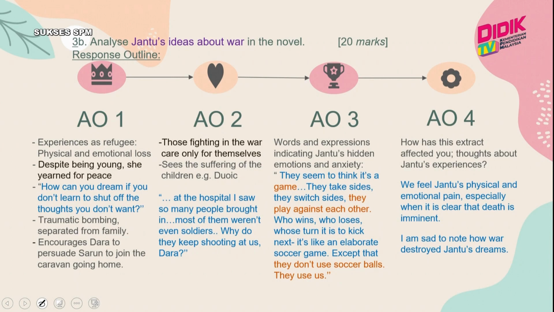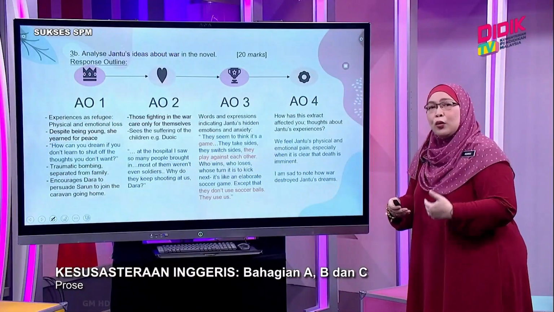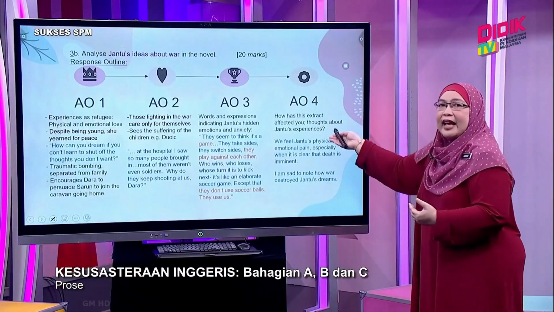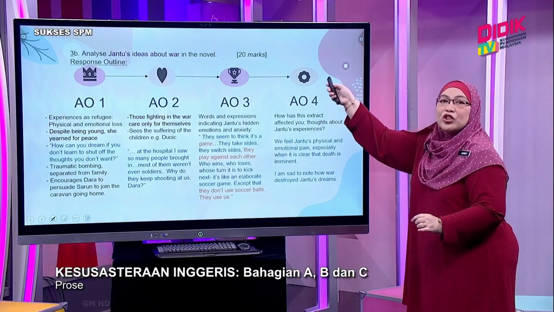I love this example, personally speaking, because Jantu tells Dara, they don't use soccer balls, they use us. So Jantu is telling Dara, these politicians, they don't care about our welfare, but their own personal benefits and gain. That's what you need to put in, because that's what the question wants.